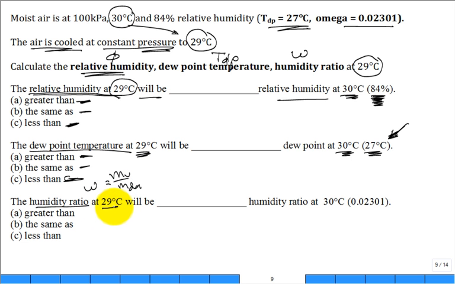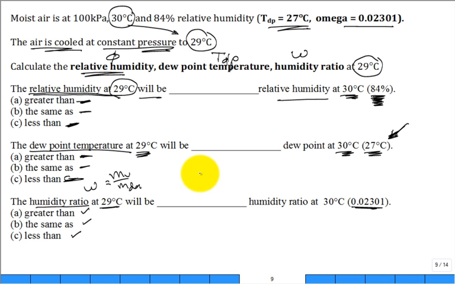If I cool the moist air down to 29, it used to be 0.023. Will it now be greater than 0.023, the same, or less than? Do you want a minute? All right. Hopefully everybody got in.